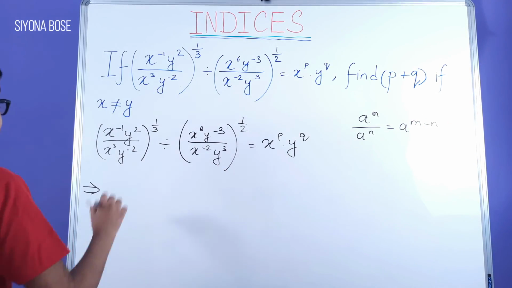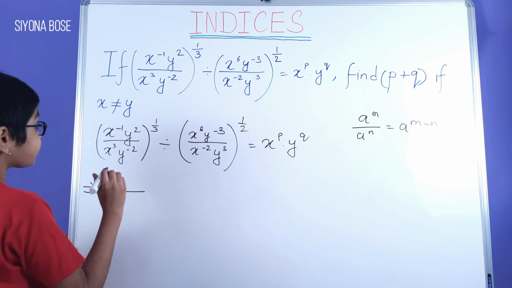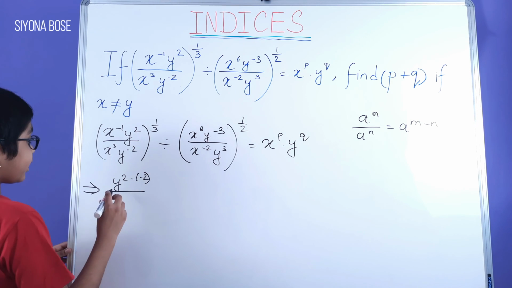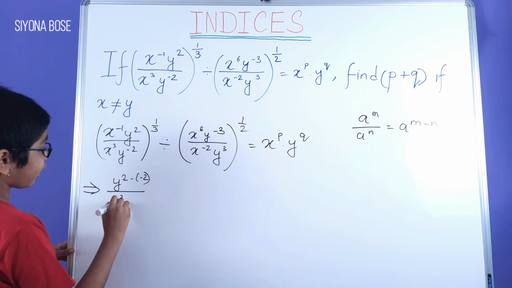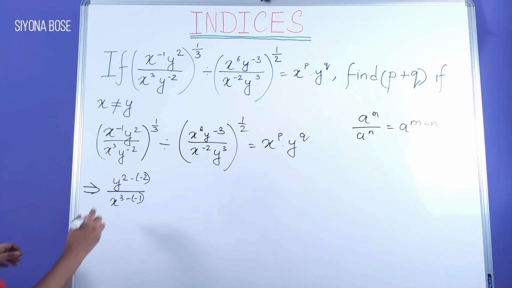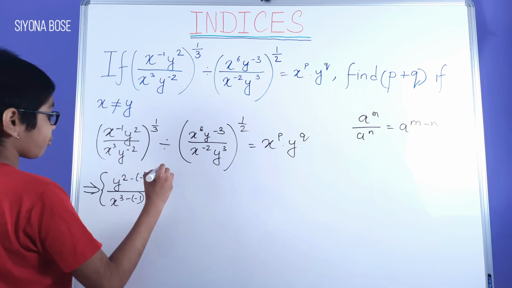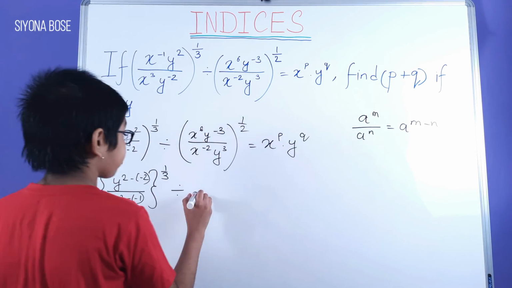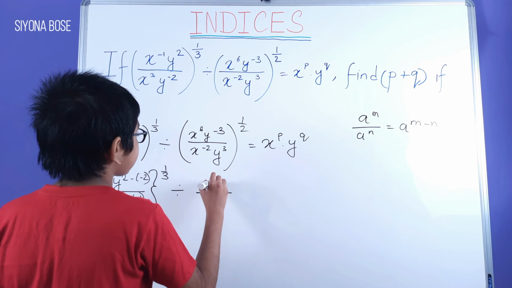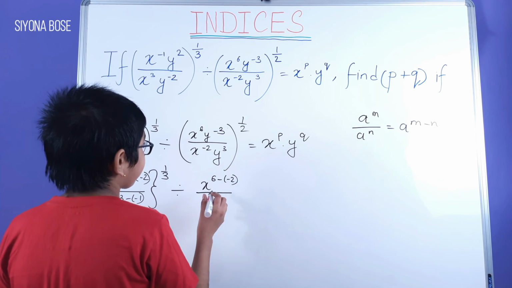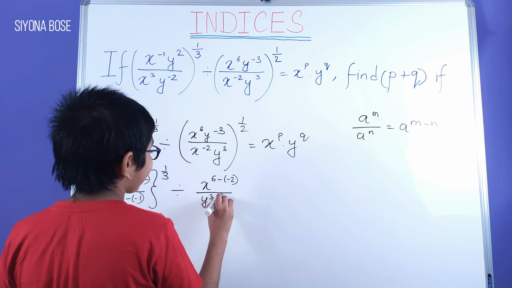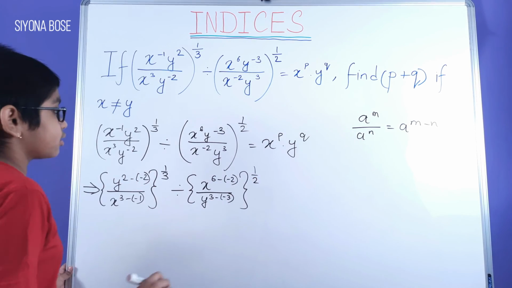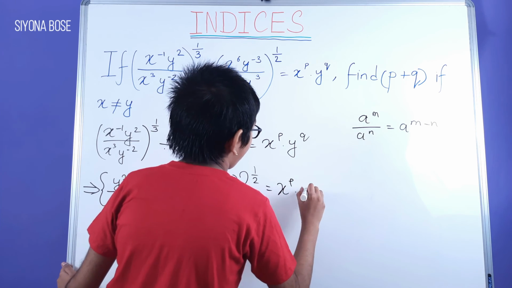Keeping that in mind, we get y to the power of 2 minus 2, and in the denominator x to the power of 3 minus 1, whole to the power of 1 by 3, divided by, over here also we can apply the same thing, x to the power of 6 minus 2, and in the denominator y to the power of 3 minus 3, whole to the power of half, is equal to x to the power of p into y to the power of q.